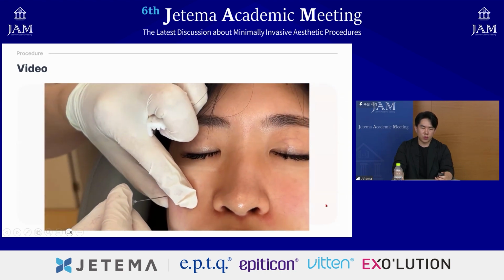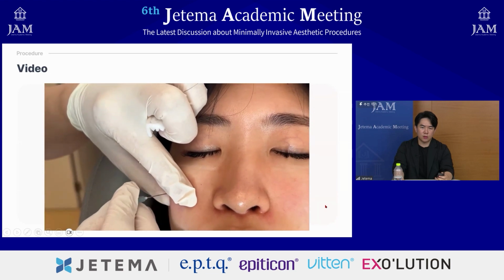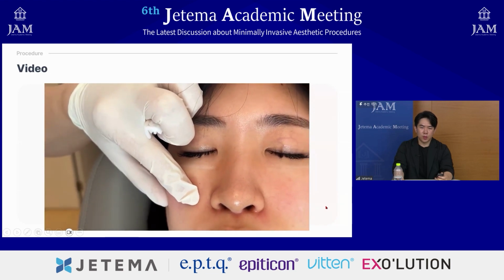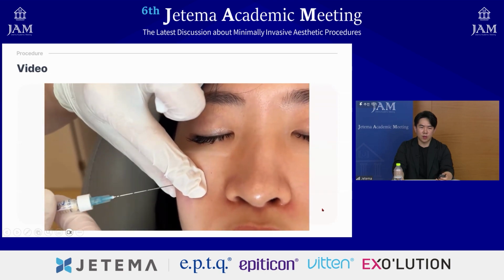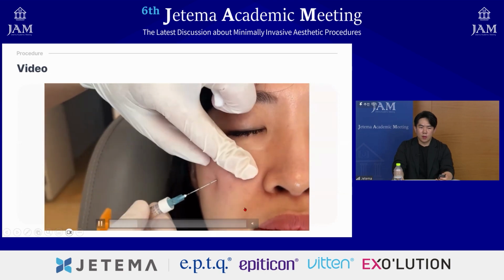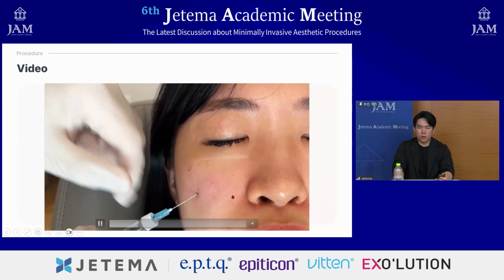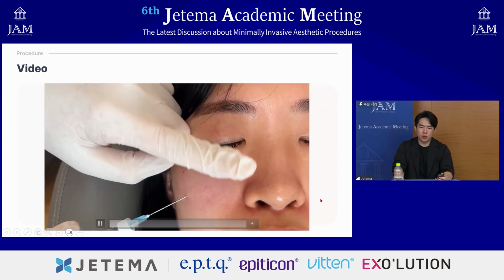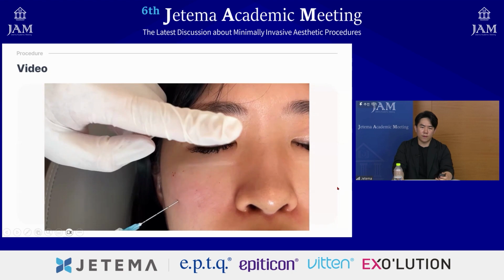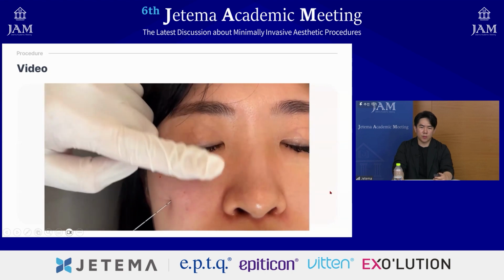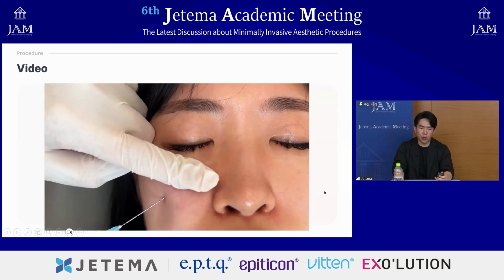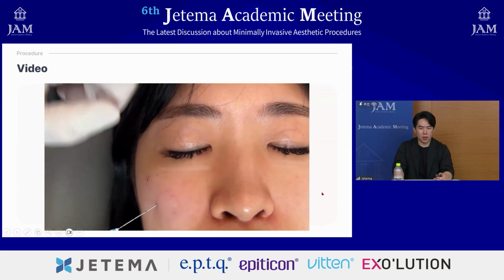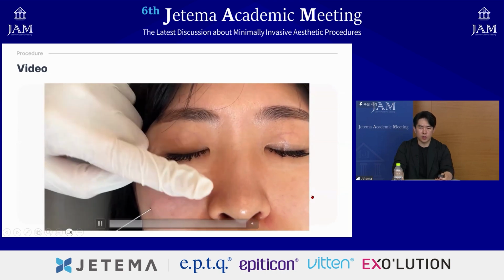This is the 23 gauge needle. I'm going to punch a hole, and I'll be using a 23 gauge cannula. For the front cheek, I usually use 300 or 500 eptic, to make the volume and also to support the retaining ligament so that it can go upwards.